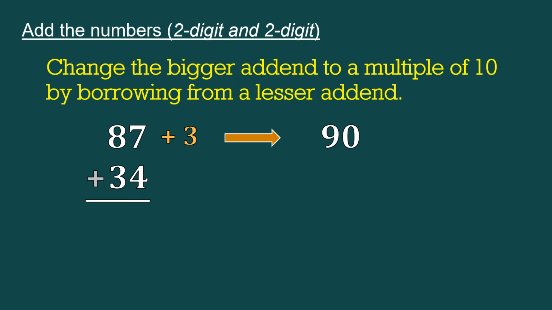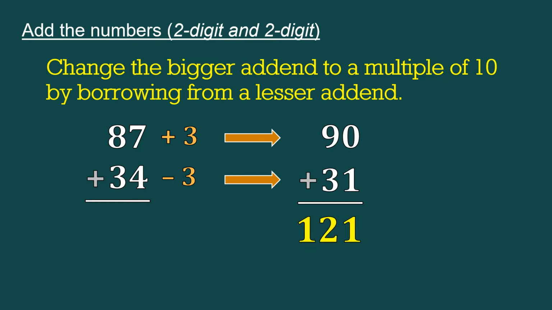Since we borrowed 3 from 34, 34 now becomes 31. Then, we add the newly formed addends. 90 plus 31 is equal to 121. So, the sum of 87 and 34 is 121.